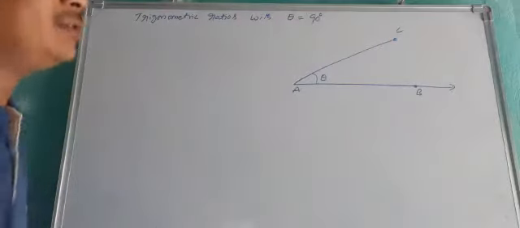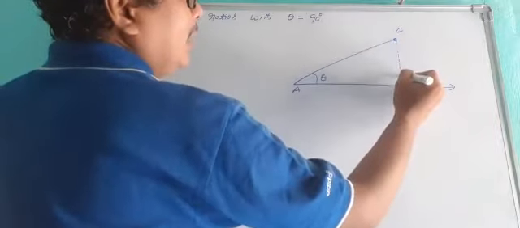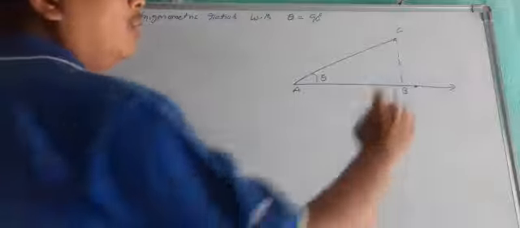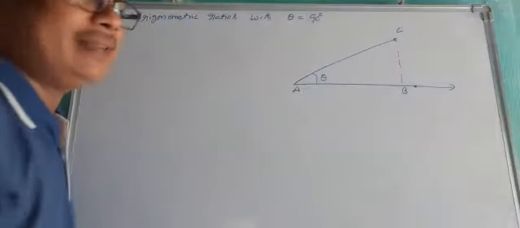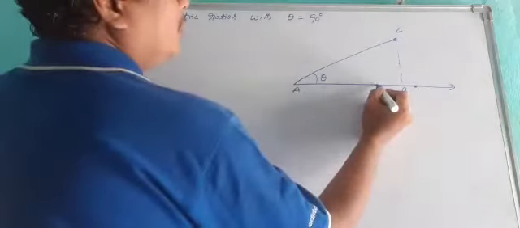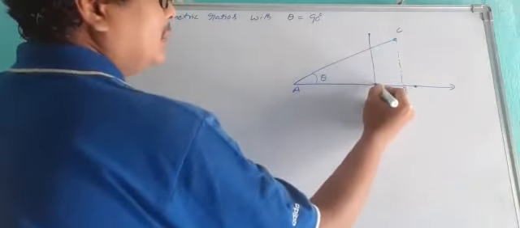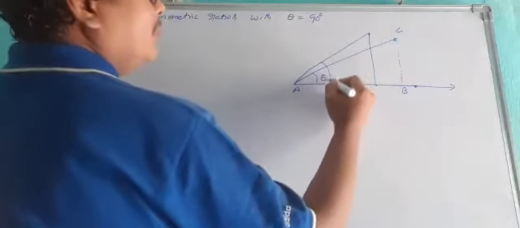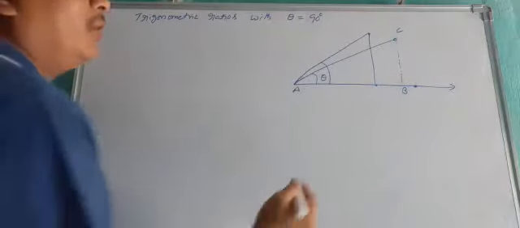How is it possible? The height from C to the ray equals BC. Now the height is the radius. The height is raised like this, and automatically the angle made also increases.